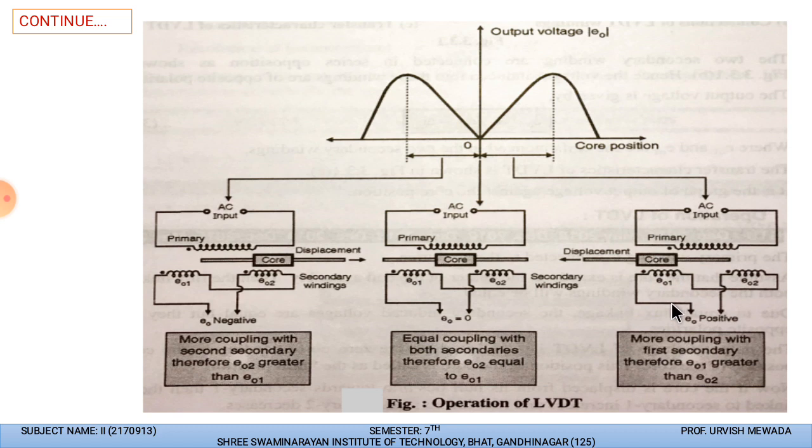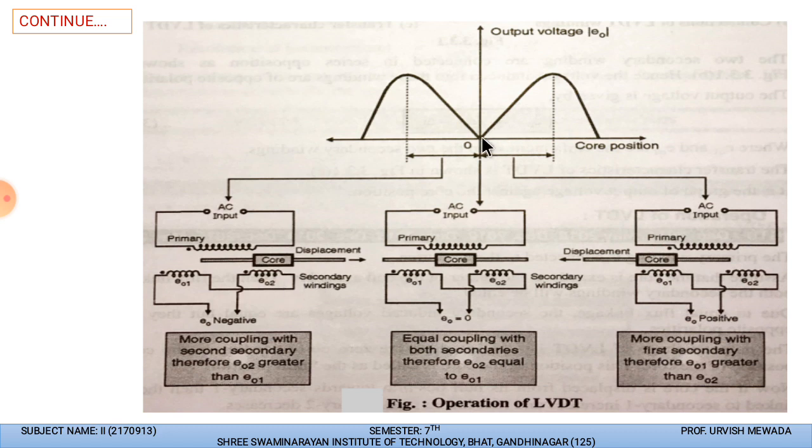E01 will cut the maximum amount of flux, and so the output EMF of E01 is maximum. So there is more coupling with the first secondary, therefore E01 is greater than E02, because the output is E01 minus E02, and E01 is greater, so our output is positive. The working is the same as the negative displacement.